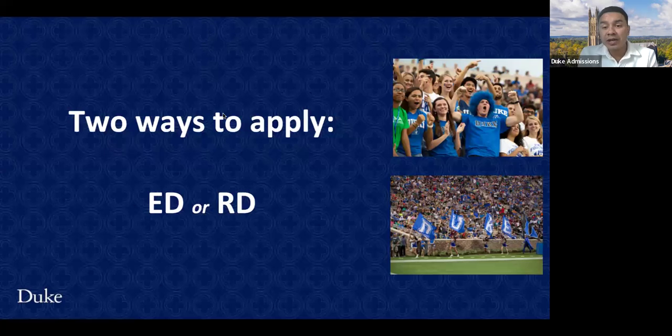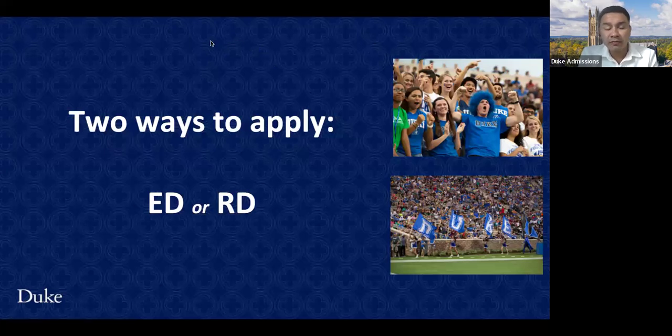For regular decision applicants, we usually release decisions for those applications later in the spring, so late March, early April. And the 3 different decisions that we will release are either an offer of admission, or we're waitlisting your application, or you might get denied at that point.